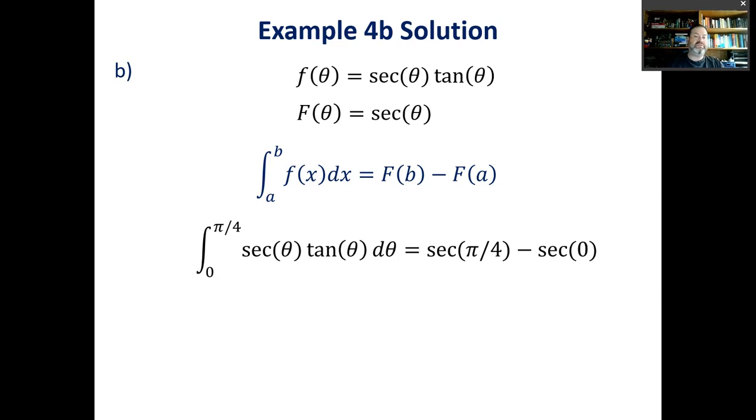Because remember, on a definite integral, this is just a number. So the variable completely disappears. So when you do the integral, it's just secant theta with b plugged in minus secant theta with 0 plugged in. That's just radical 2 minus 1. You're done. Much easier.